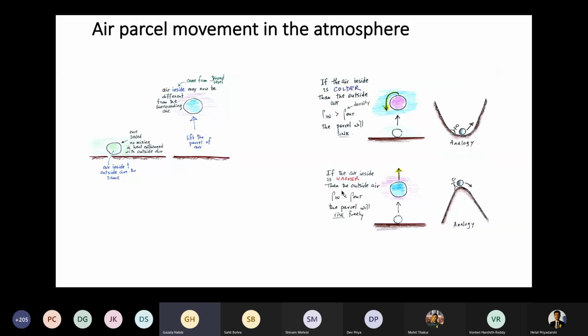Now we need to know how the meteorology near the Earth's surface governs the dilution and dispersion of the pollutants which are emitted from different sources. Okay, so this is a very simple diagram.